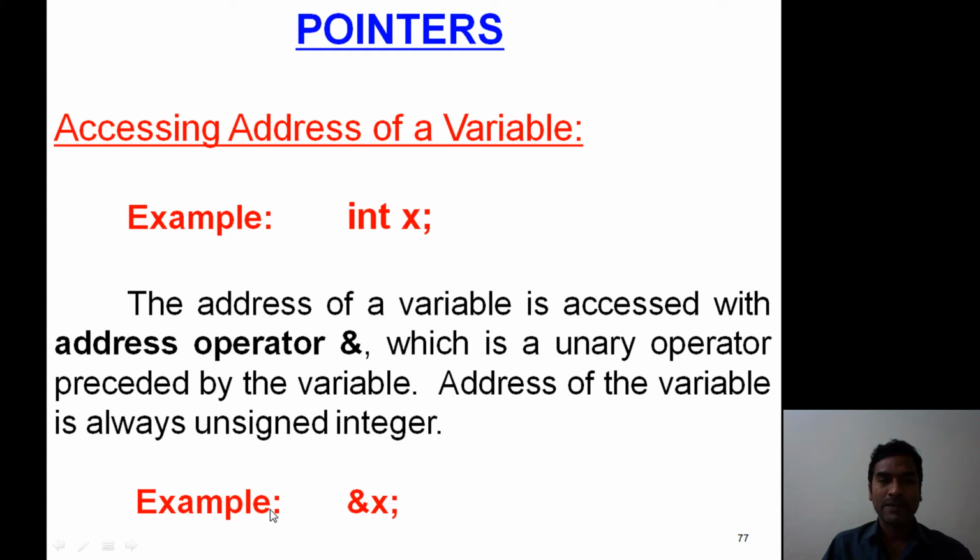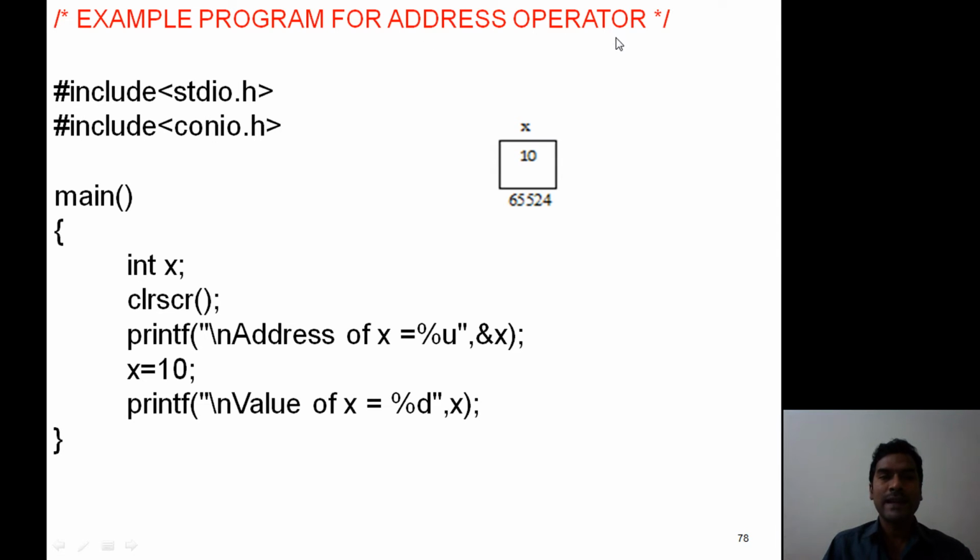Now observe this format. x is the variable. So to access the address of x, the address operator is placed as ampersand, then the variable name x. When this format arises, the compiler locates the address of x. Okay? Now observe this example.